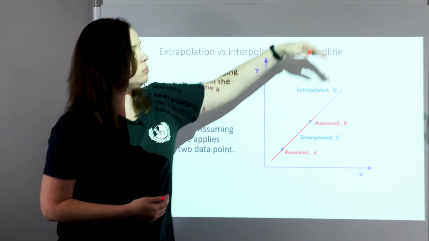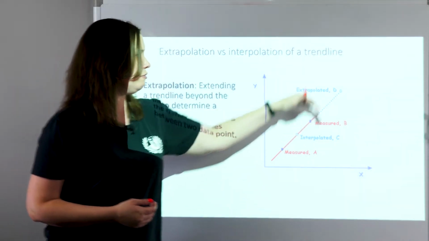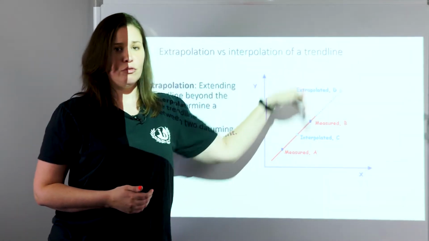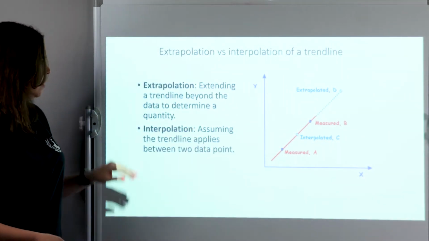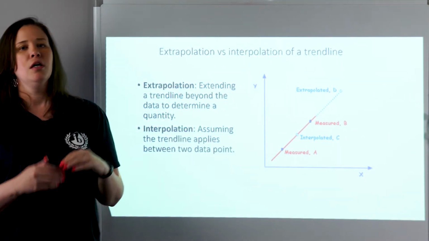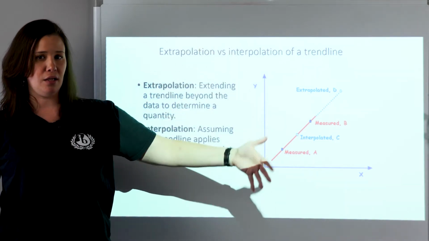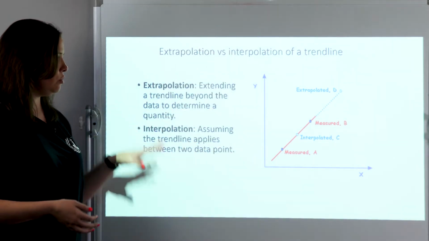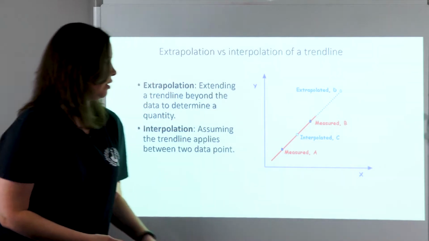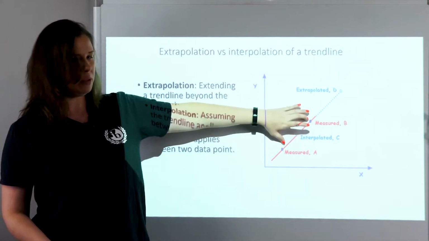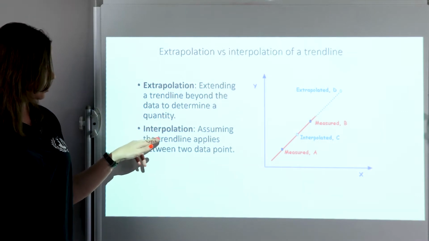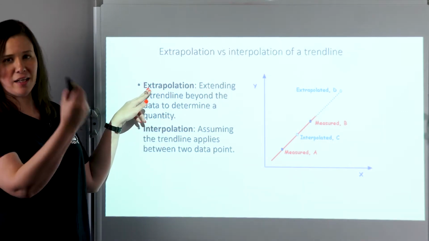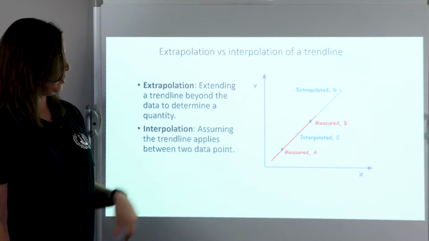If you are outside, making the inference that the trend applies further or behind, going back towards the y-intercept, that would be extrapolation, assuming the trend line applies outside of the quantities tested. So two different terms to assume the trend line applies based on whether we're between points or outside of the points. Inter, or in between, interpolation, or exterior, outside, extrapolation.